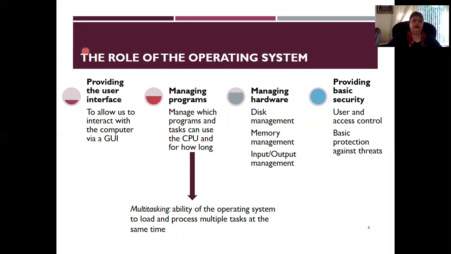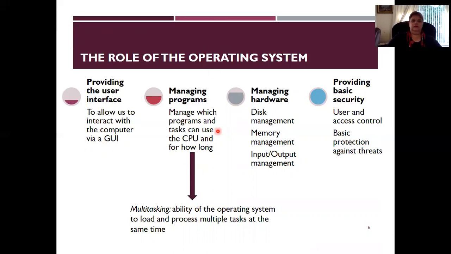The first part, it is going to provide the user interface, so the image that the user is going to work with. Operating systems allow us to interact with the computer via a graphical user interface, otherwise known as a GUI. This interface is graphically presented by using small pictures called icons and other visual aids such as menus and buttons.